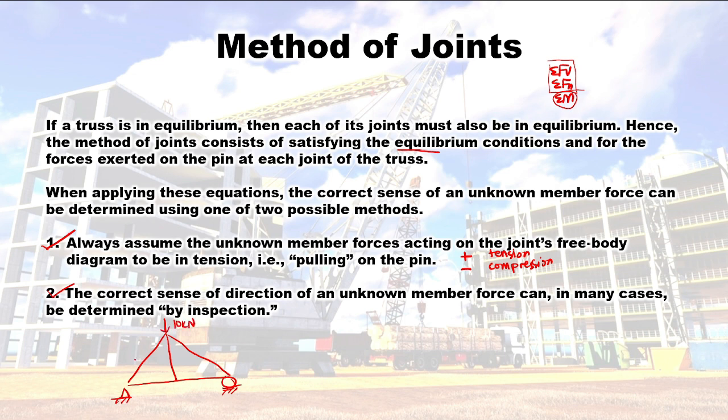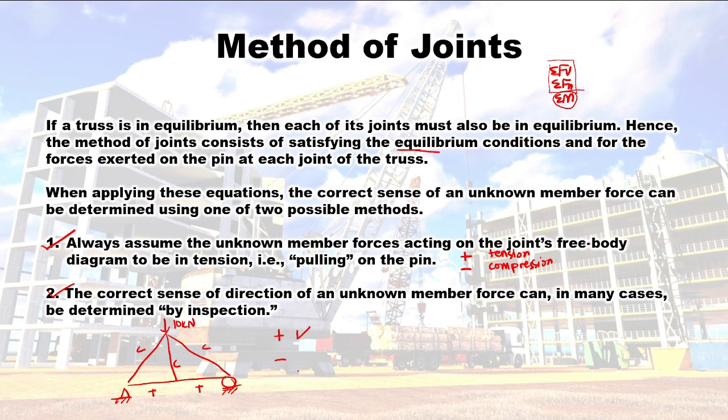Maybe here, this is in compression, then this one is in tension. We are already assuming the direction of our members here. Now, if our analysis comes up with a positive value, therefore, our assumption is correct. So, therefore, this member is really in compression kasi positive yung lumabas.